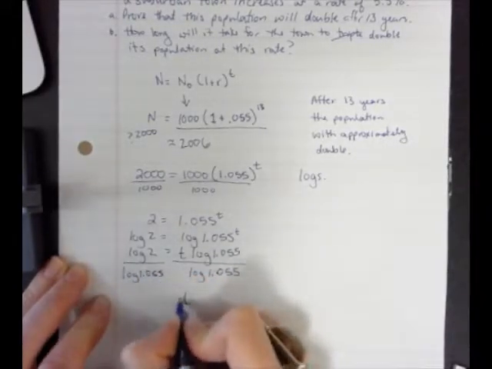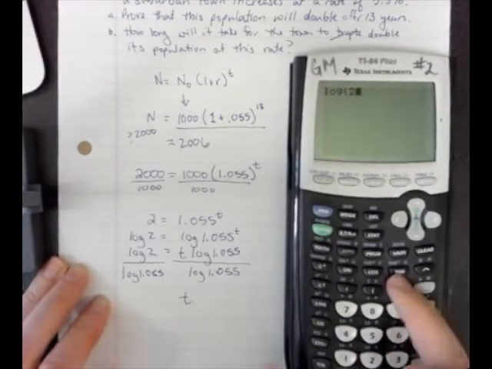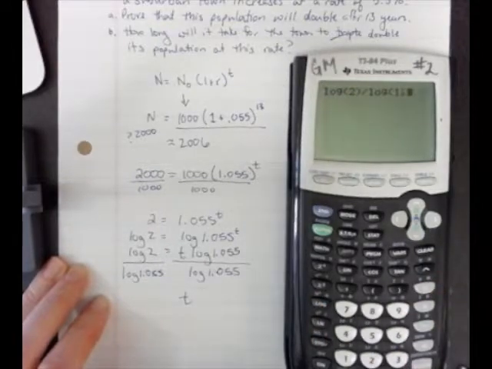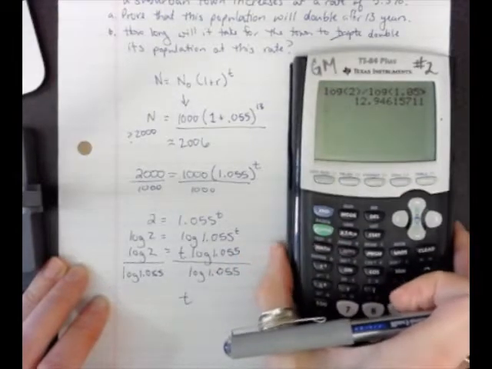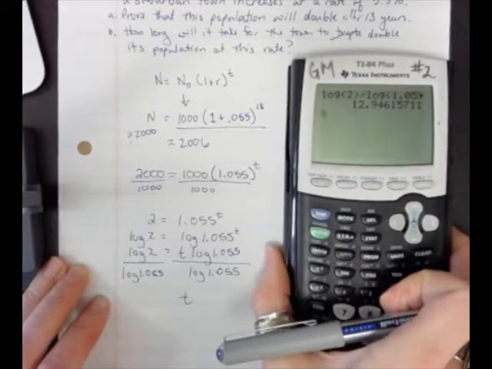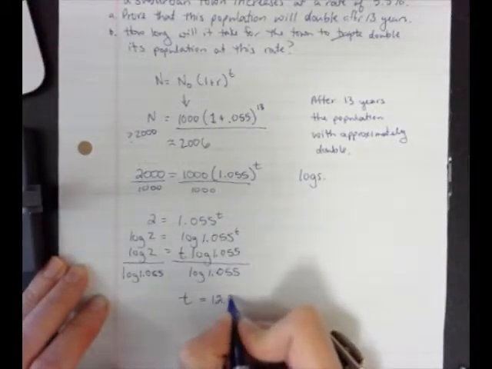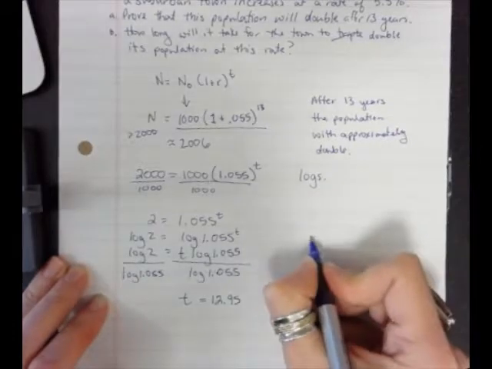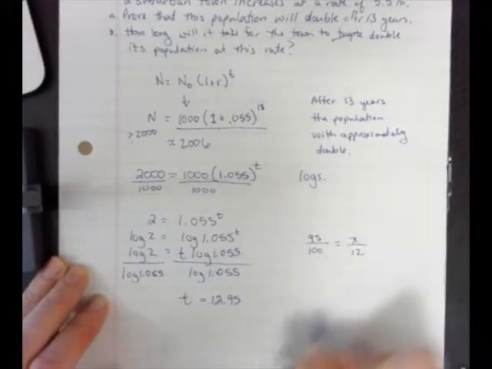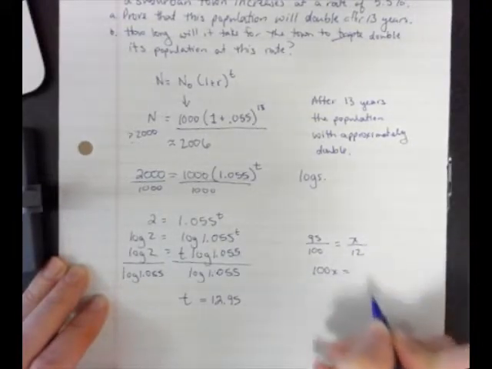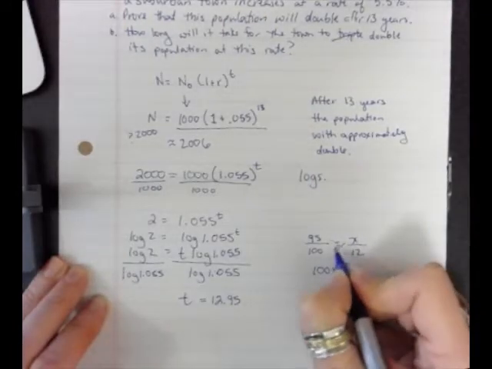So what does this come out to be? We do log 2 divided by log 1.055, and that gets 12.946. Does everyone see that? So 12.946. So let's say it's 12.95. So t equals 12.95. And I can figure out, well, how many months is 95/100ths of a year? 100x equals 95 times 12 is, right, we're cross multiplying, 1140.